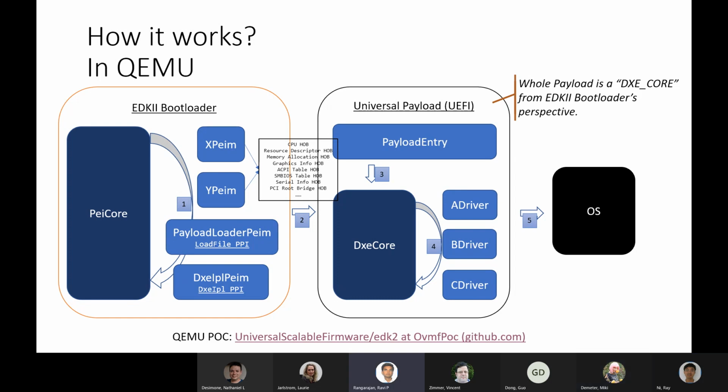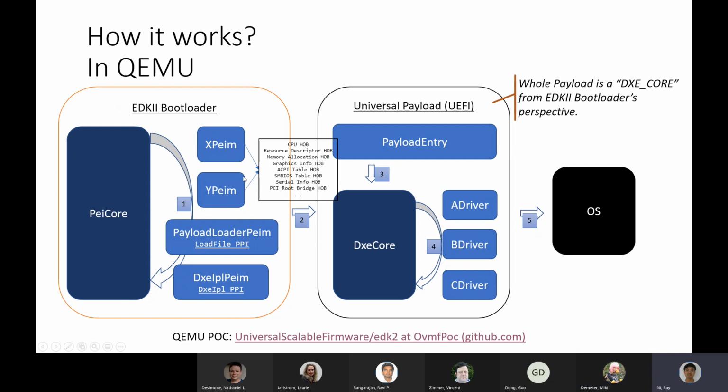So when we build the UEFI EDK2 payload, there will be at least two FVs, one with the DXE core, the other with the platform drivers. Actually, here in this QEMU POC, we just have one FV that contains all the PI modules.